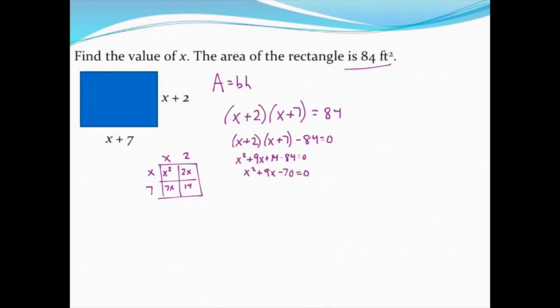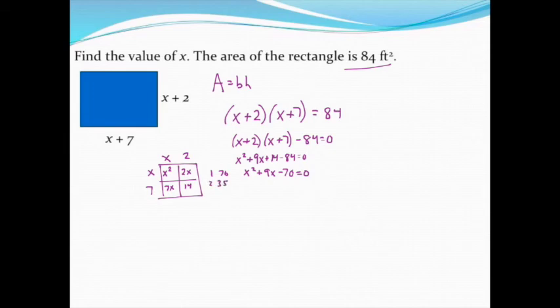And finally I'm at the spot now where I can refactor this problem and then solve it. So it's a trinomial where the a value is 1, so I need two numbers that multiply to negative 70 and add up to positive 9. So make your list of factors if you need to. I've got 1 and 70, 2 and 35 should work.